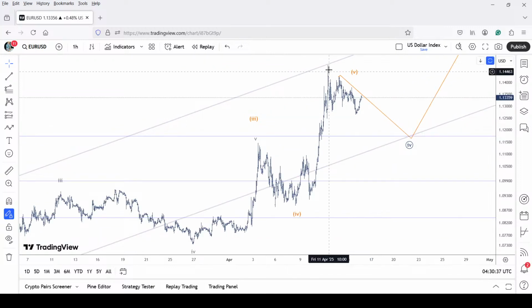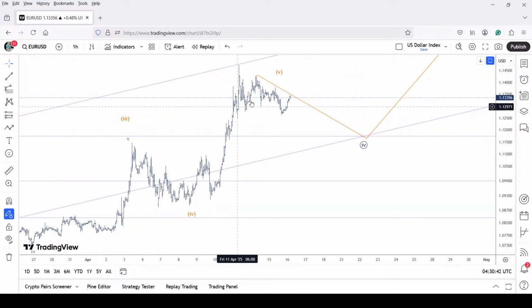There you are, the first three waves lower, followed by three waves higher, and another three waves lower now. So if WXY is complete, I think prices would break higher above the 1400 handle as the trading session or day progresses.